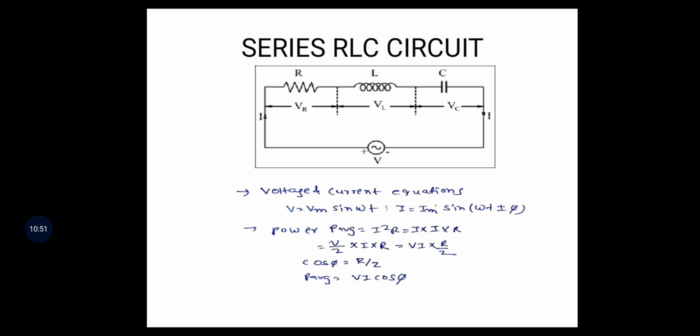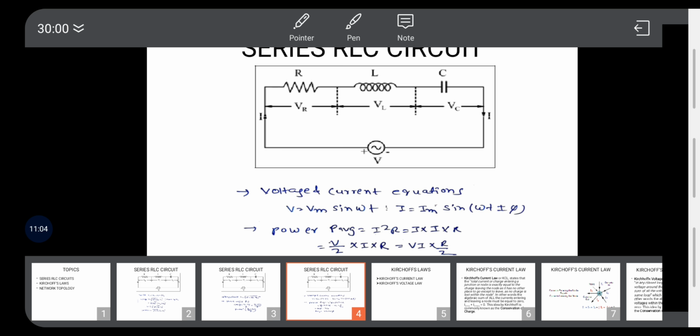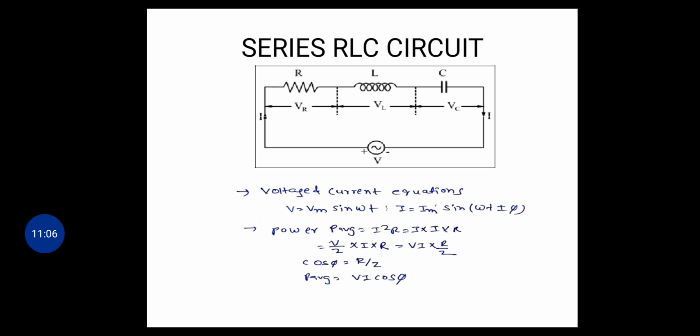Next, these are the basic formulas for the series RLC circuit. Here we find impedance and current.